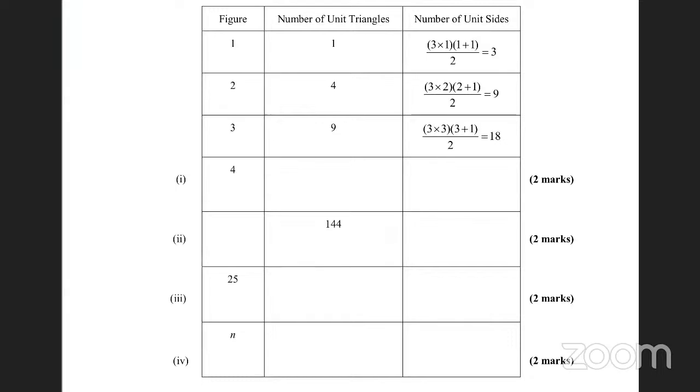Next one here. This is some triangles and unit sides and so on, right? This column should be easy. Is it? Oh, no, no. This column is a little more challenging.